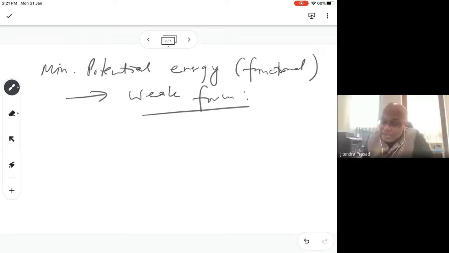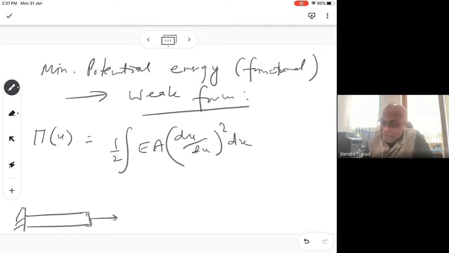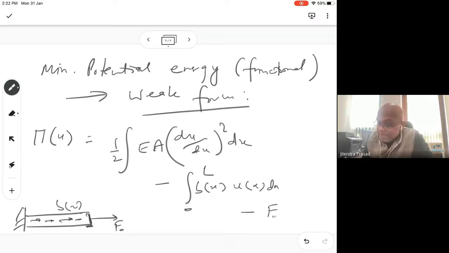Okay, and we know that we have the potential energy, we call it pi, and this U is given by half EA (du over dx) square dx, and if you look at this, we have b(x) here, and if we have f naught at the end, we had in our formulation b(x) u(x) dx from 0 to L, minus f naught u at x equal to L, right?